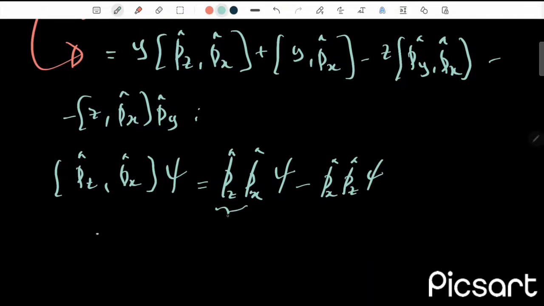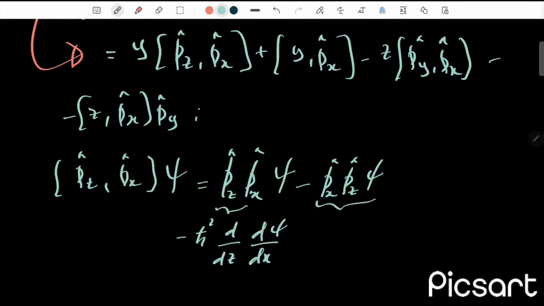I can write this as minus h bar squared d over dz times d over dx of psi, because we have minus i times minus i, which is minus 1.